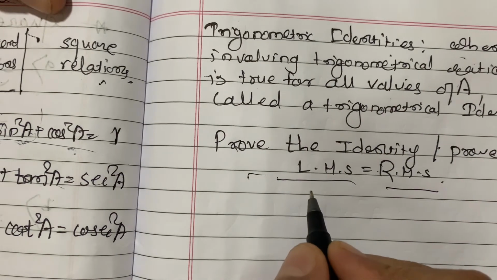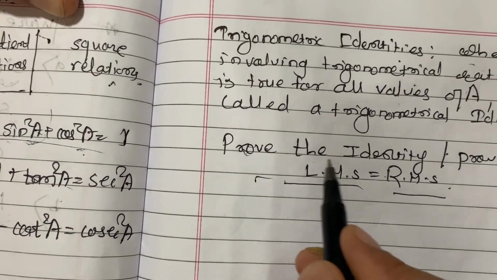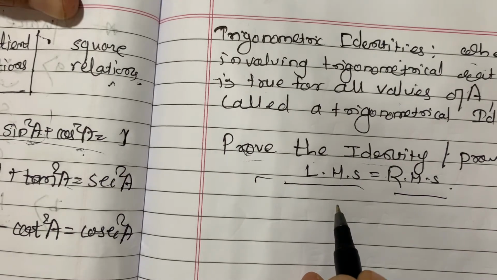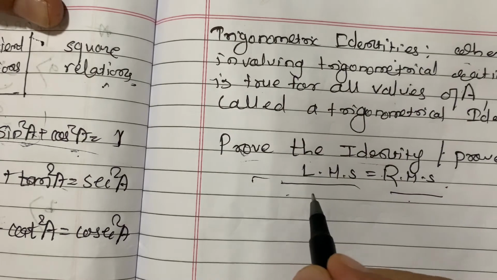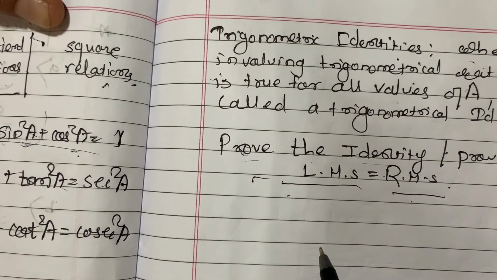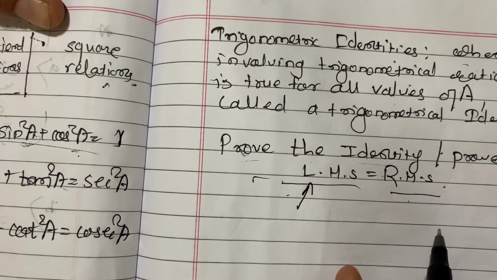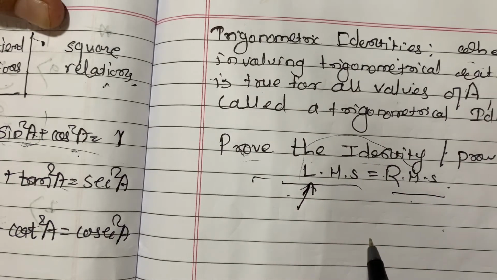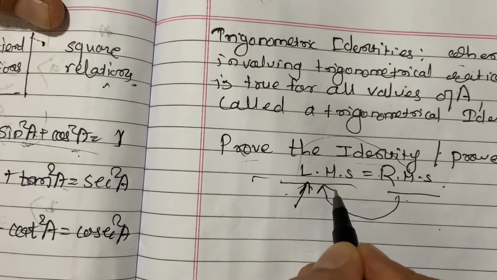Now I want to give some suggestions. Whenever you are going to solve these prove-that examples, in which LHS and RHS are given and we have to prove that LHS is equal to RHS, you start from LHS or RHS. You can start from LHS and reach the RHS, or you can start from RHS and reach the LHS.